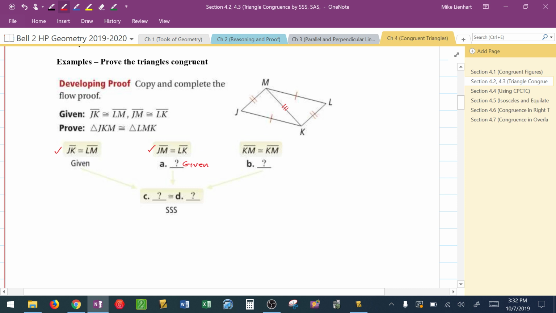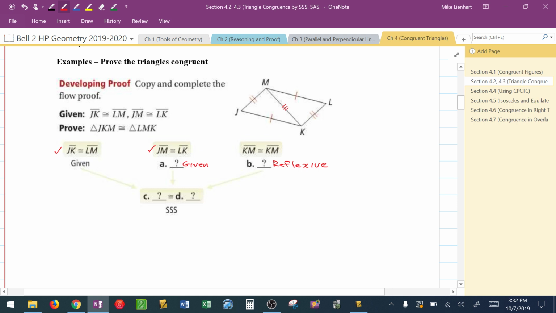Now we learned this property a while ago. Now it's really going to start to show up in our proof. And the reason why those are congruent is by the reflexive property of congruence.